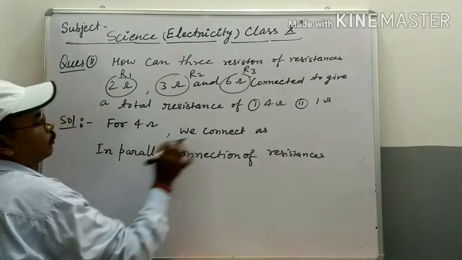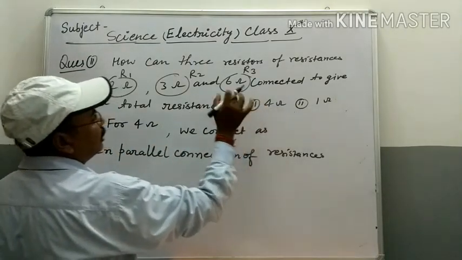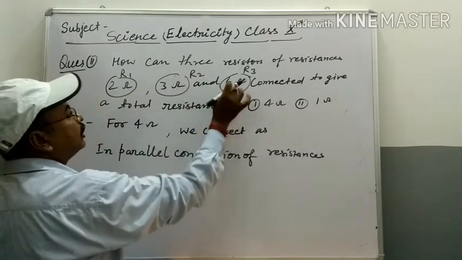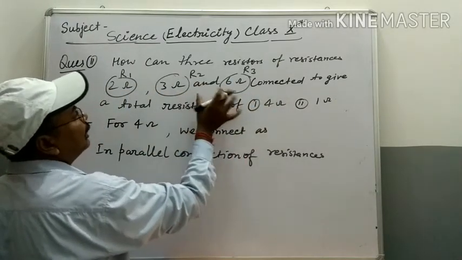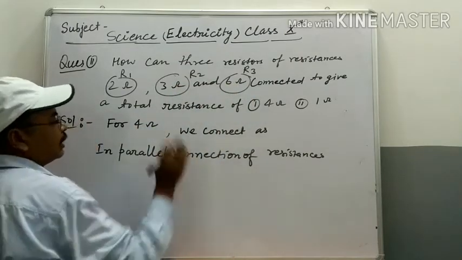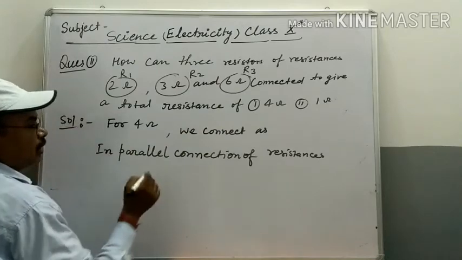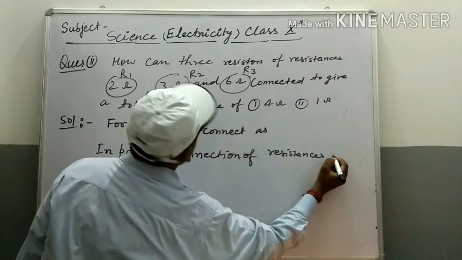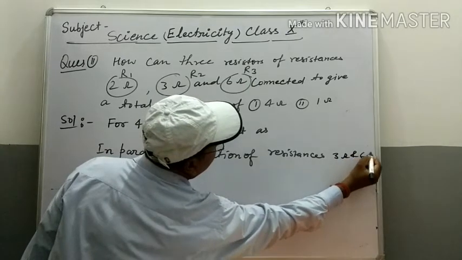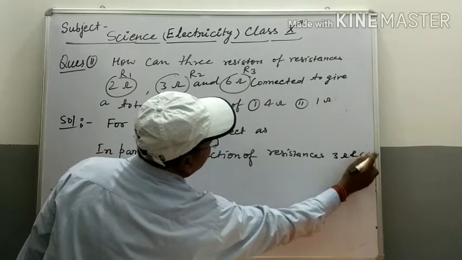Students, for getting 4 ohm total resistance, the sum of the three resistances should be 4 ohm. First we have to add 3 ohm and 6 ohm resistance in parallel connection.